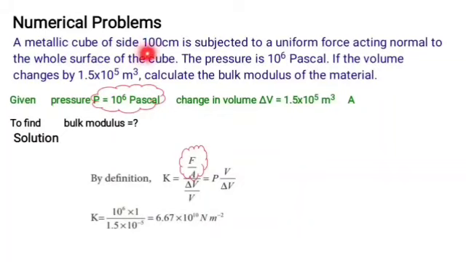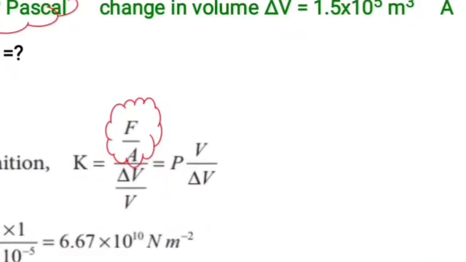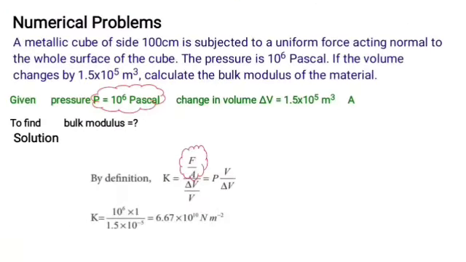Metallic cube of side 100 centimeter, 1 meter. So the volume of the cube will be 1 meter cube. That divided by delta V, the change in volume, 1.5 into 10 to the power minus 5. So bulk modulus K comes out to be equal to 6.67 into 10 to the power 10 Newton per meter square.